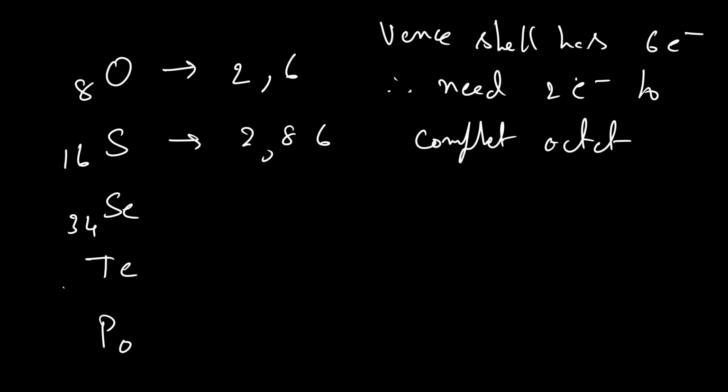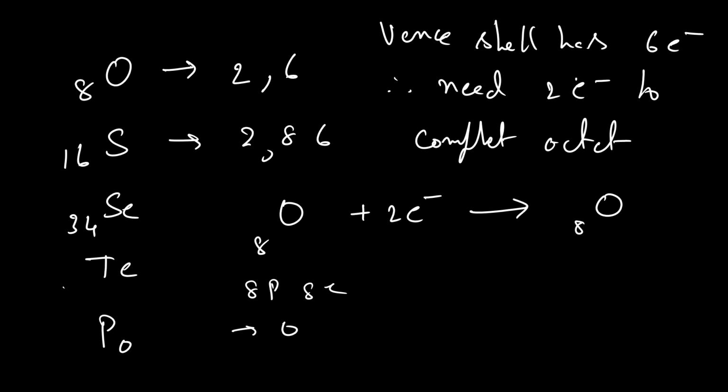So if oxygen with 8 electrons takes 2 electrons, what happens here? Before, 8 protons and 8 electrons, therefore the charge is 0. Whereas after taking 2 electrons, protons are 8 only, but electrons become 10. Therefore, plus 8 minus 10 equals minus 2 units of charge. So this is O2 minus.